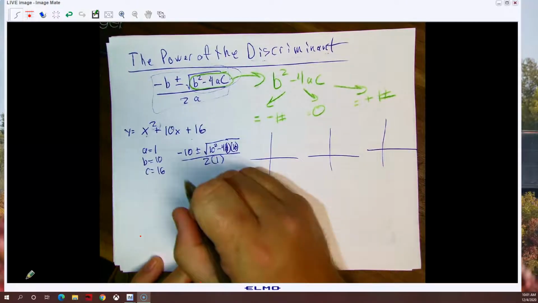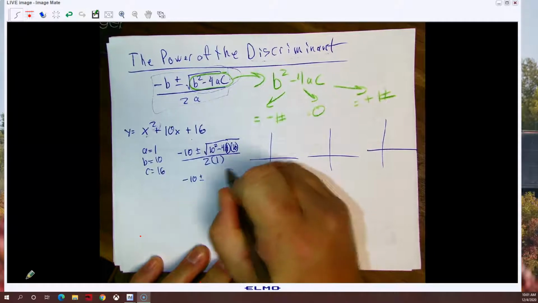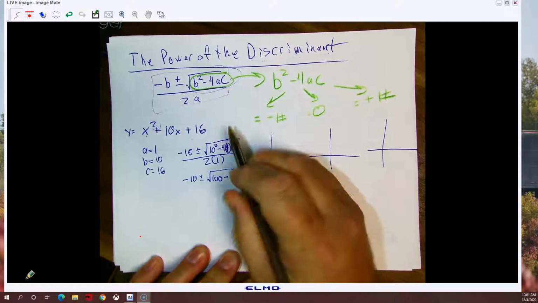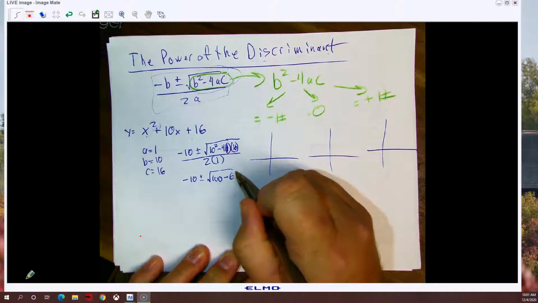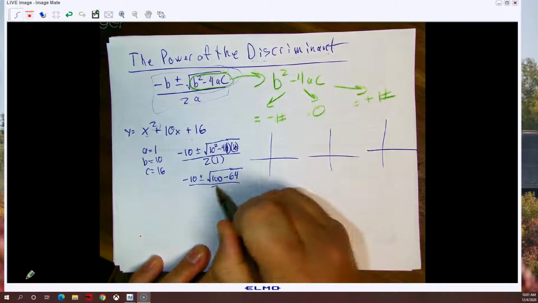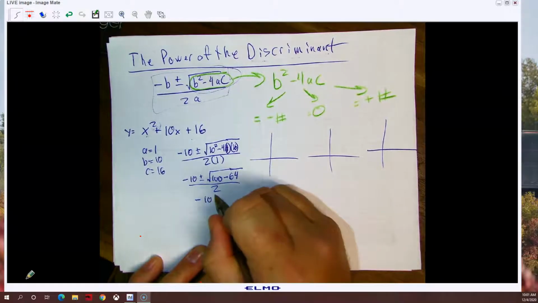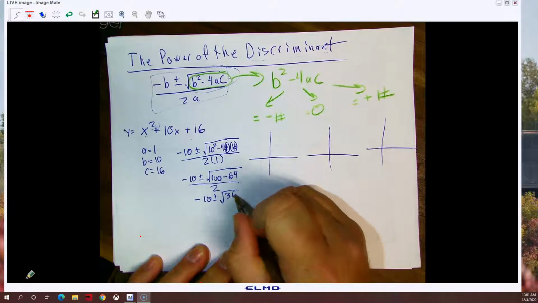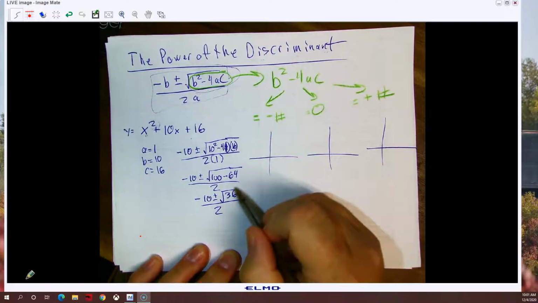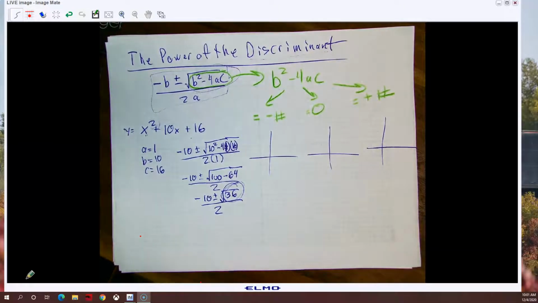In our particular case, I have negative 10 plus or minus the square root of 100 minus, now 4 times 16 is going to be 64, all over 2. So negative 10 plus or minus the square root of 36 all over 2. In this case, it's a positive number.